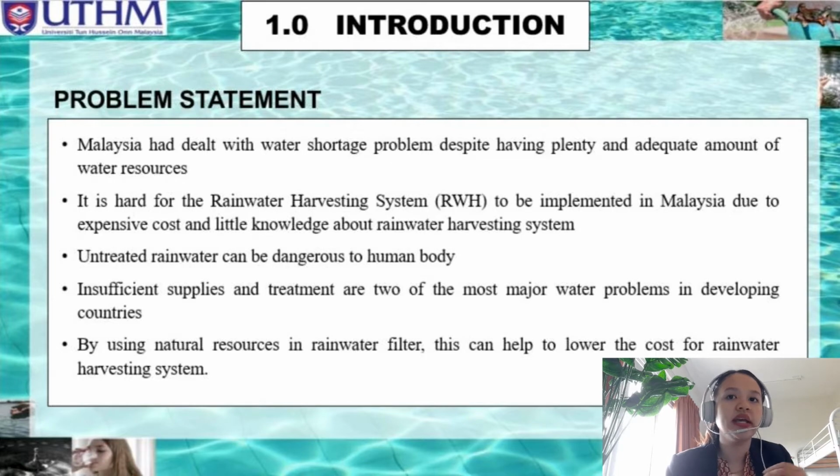In developing countries, there are two major problems related to water, which are insufficient supplies and also treatment of water. That is why, in our project, using natural resources in a rainwater filter will help to lower the cost and also provide good water quality for the rainwater harvesting filter.